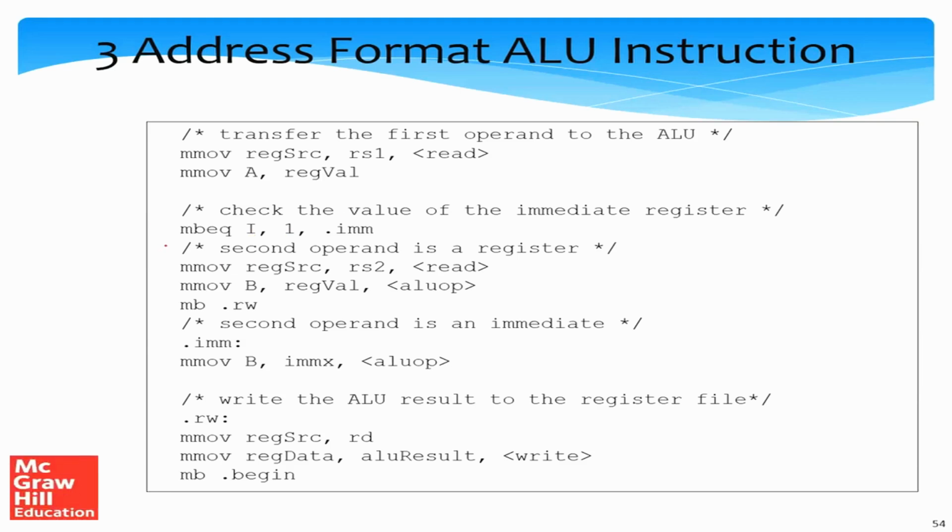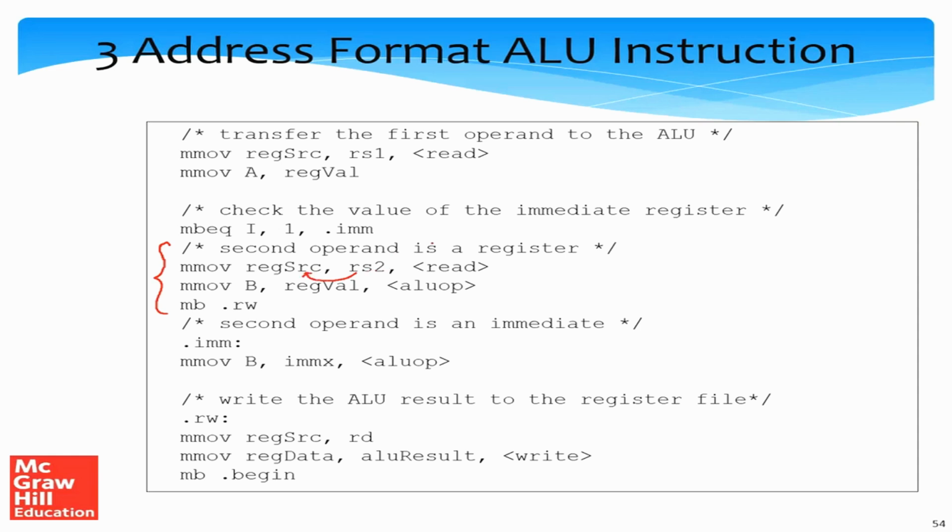If the immediate field was 0, which means the second source operand is a register, then we read the contents of RS2, which is exactly this statement repeated once again: we read the contents of RS2 and transfer them to reg source.